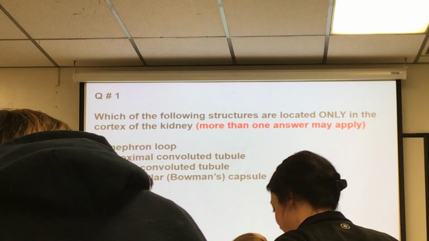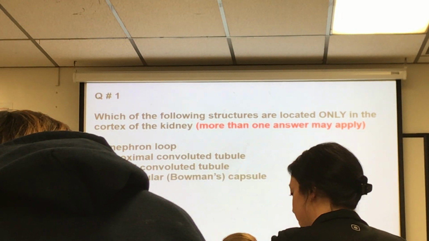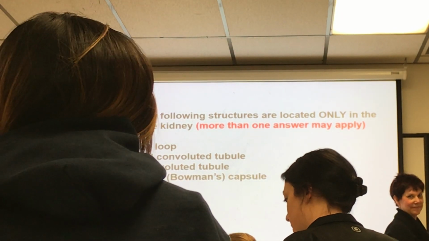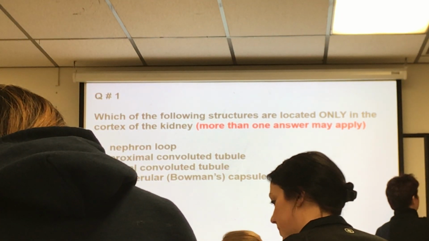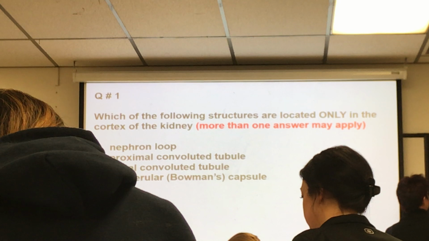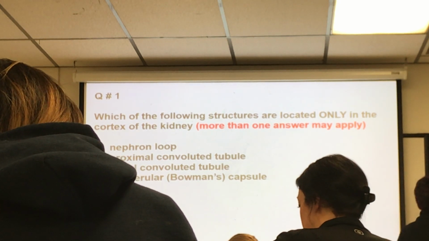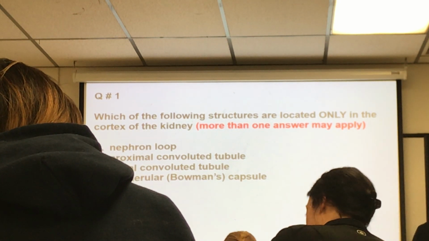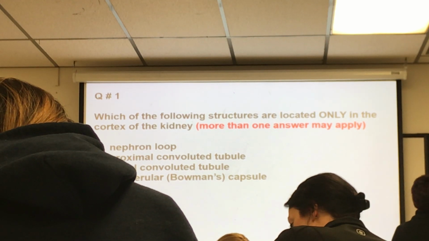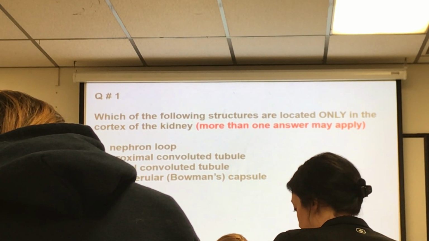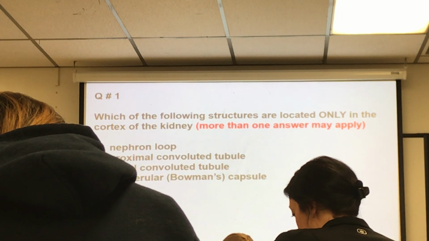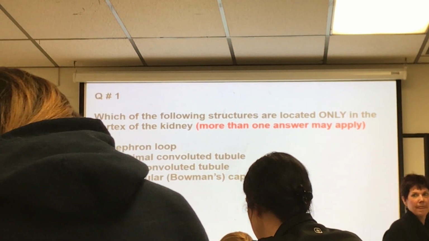What blood vessels do we find only in the cortex? Interlobular, also known as the cortical radiate. Okay. What else?